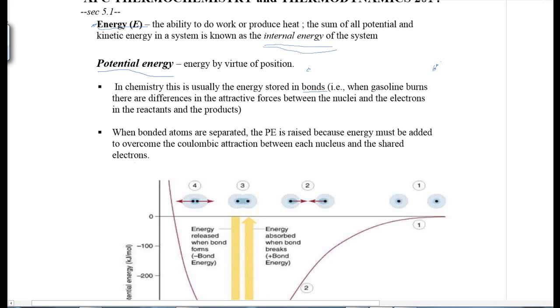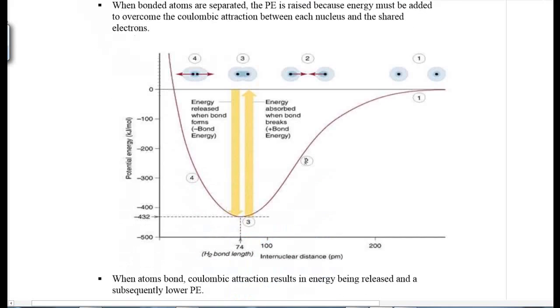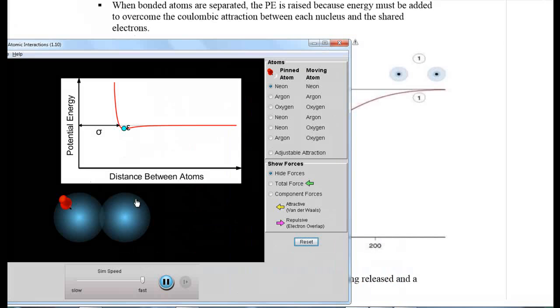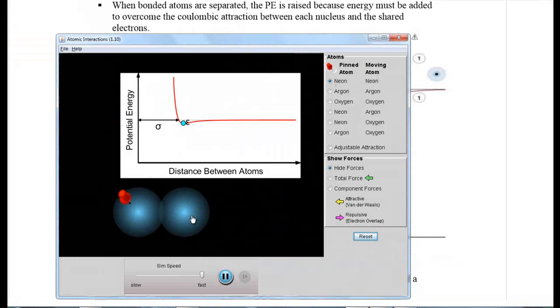Okay. So let's take a look at this diagram here, and we can see what's happening when we do some bonding. And actually, let's take a look at this animation first. So if I have two atoms, let's say I've got neon and neon here, and I move this away a little bit.